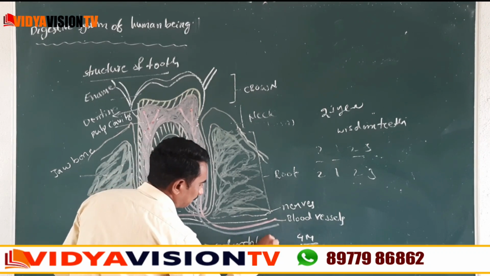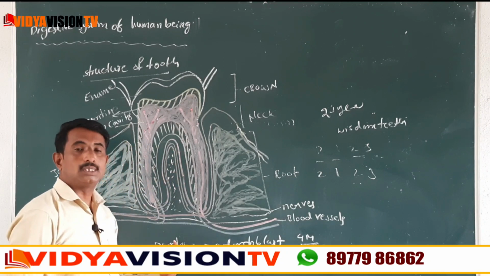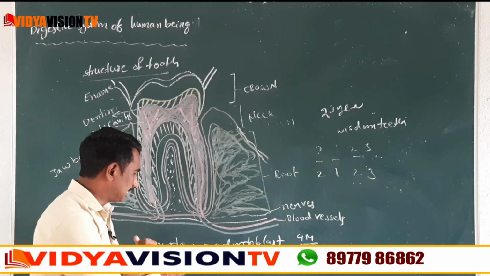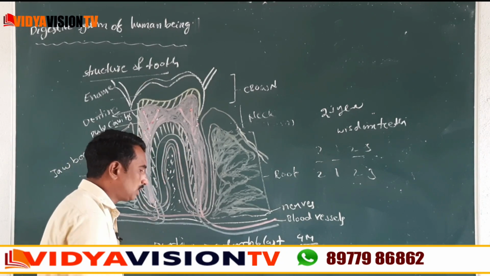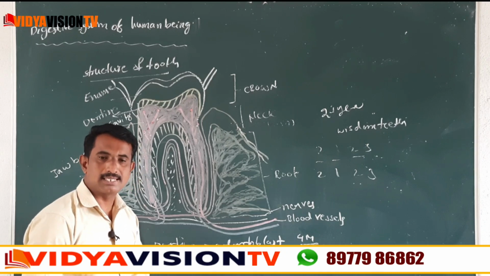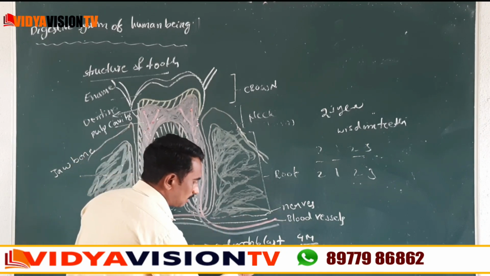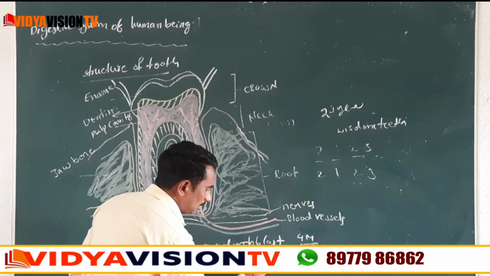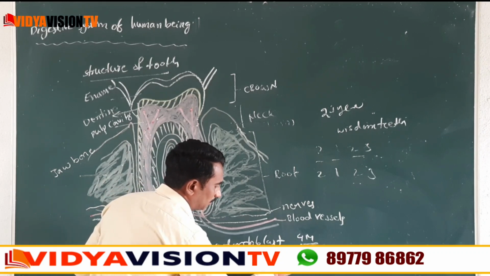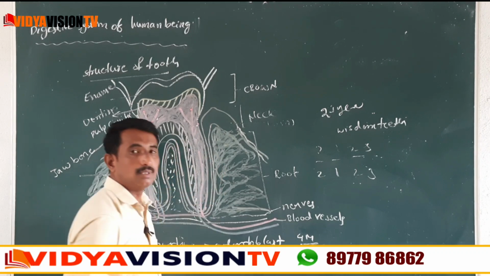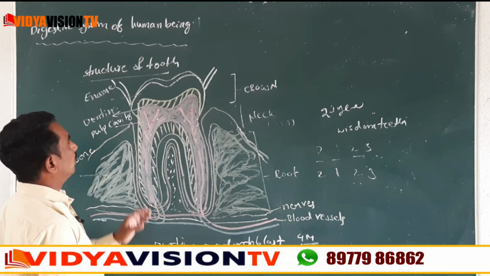Odontoblast cells, right. The bulk of the tooth is dentine, it originates from odontoblast cells, and those odontoblast cells originate from the mesoderm layer. Mesoderm layer. Okay.